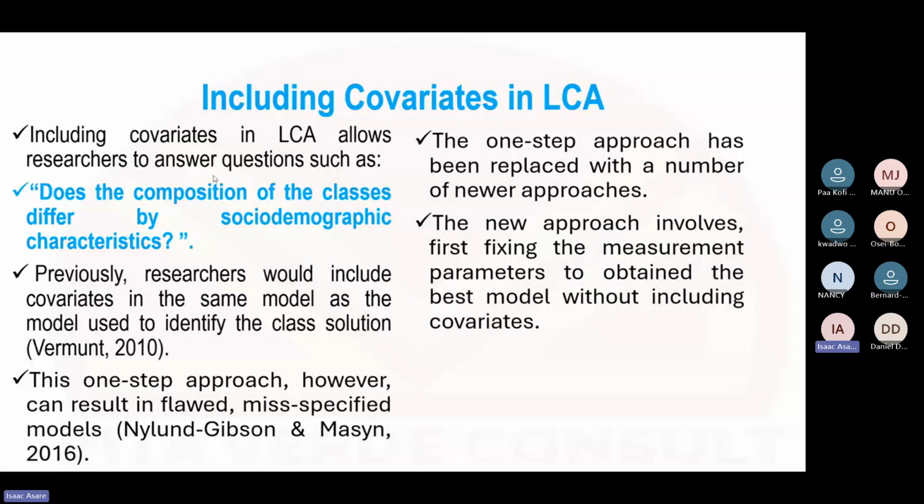Don't fit the model including the covariate when you are fitting the latent class analysis. Finish with the latent class analysis before you include it, after you have determined the best class. Then you can include the covariate in the model.